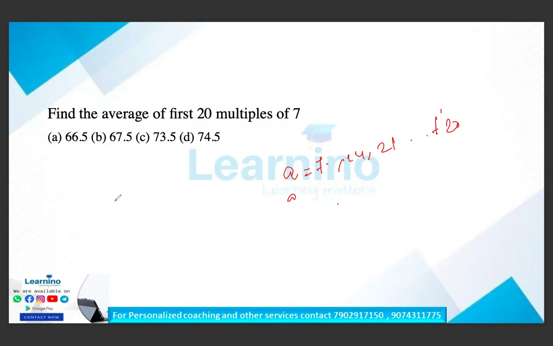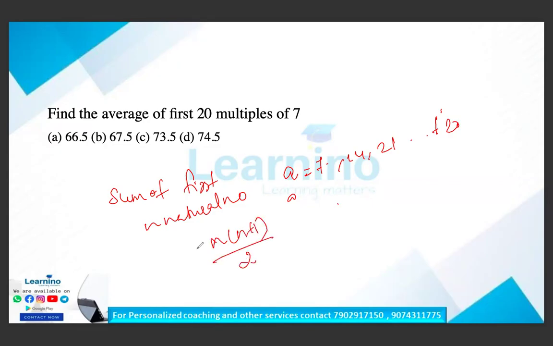For the sum of the first n natural numbers, the formula is n into n plus 1 by 2. So if the first n multiples of k are asked, then k into n into n plus 1 by 2.